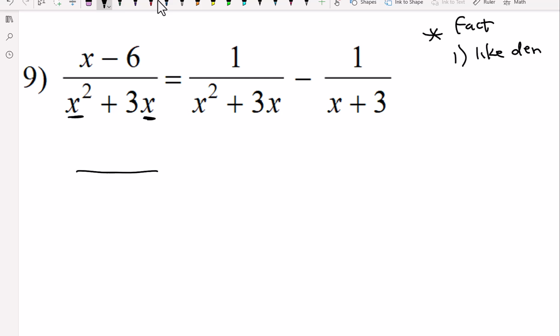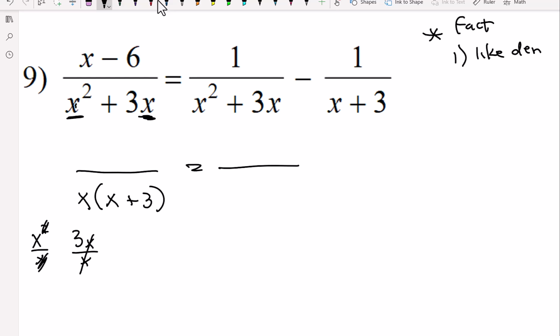So I'm going to factor out an x. Remember, that's the reverse distributive. So x squared, when you factor out an x or divide by x, leaves x. 3x, divide by x, leaves a 3. So that's that denominator. Well, this denominator is the same. So we'll put x plus 3. That's a subtract, so we're going to subtract whatever's up there.